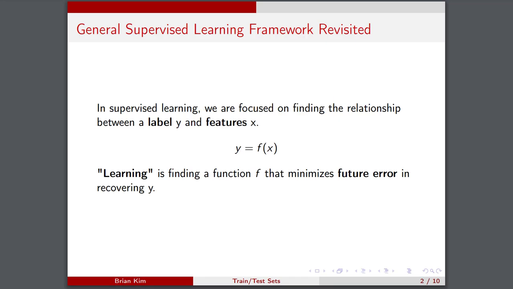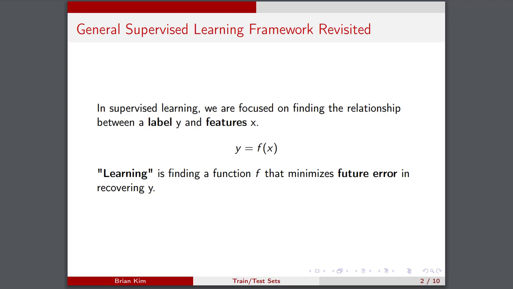So let's talk a little bit more about this supervised learning framework, just to motivate why we're doing this. Right, so if you recall, this is similar to what we saw before. We have that outcome, that label y, and then we have the features x, just the variables that you're going to be using to try to predict y. And what we're doing with machine learning and our decision trees is finding that function f that minimizes future error in recovering y.